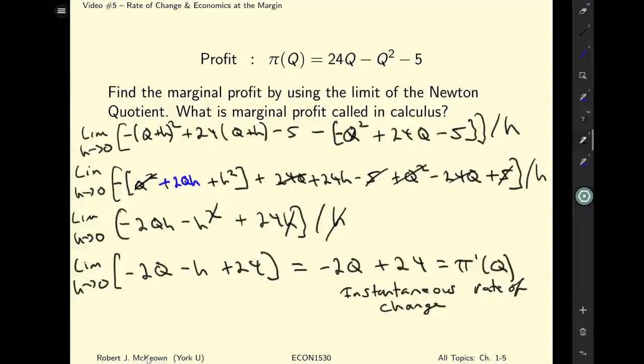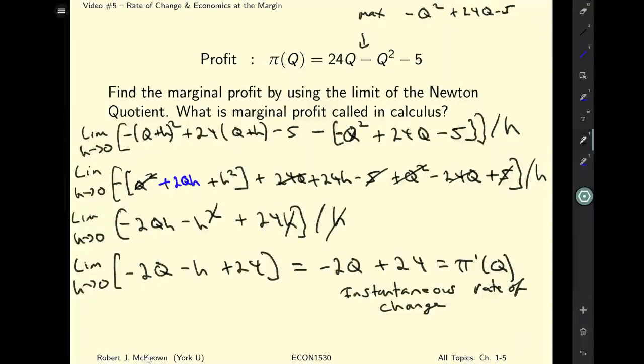If I wanted to find the max or the min of this problem, notice that we've got a max because we've got negative q squared plus 24q minus 5.